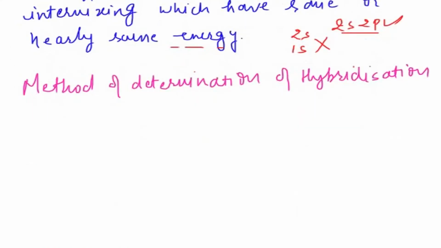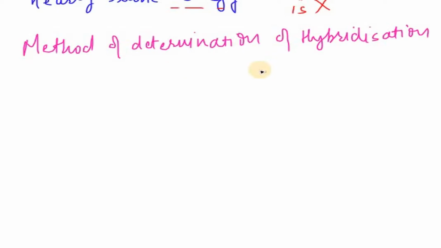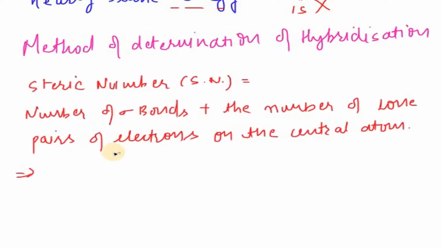So what is the method to determine the hybridization? The steric number is equal to the number of sigma bonds plus the number of lone pairs of electrons on the central atom. So it is the summation of both quantities: the number of sigma bonds and the number of lone pairs on the central atom.